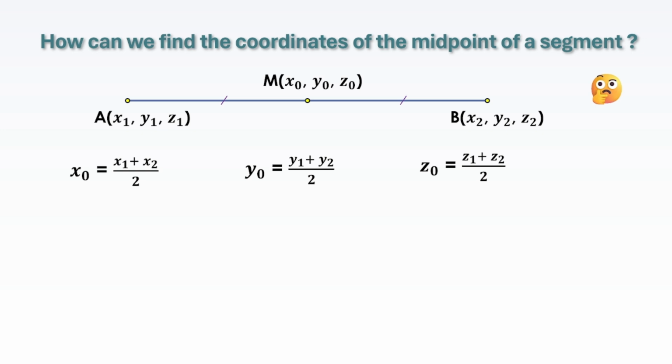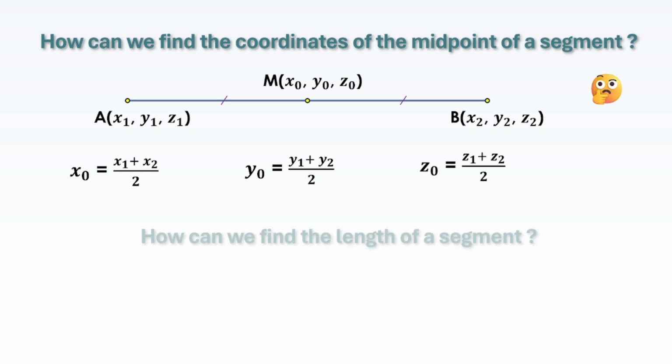If the ends of the segment have coordinates A(x1, y1, z1) and B(x2, y2, z2), then the coordinates of the midpoint M(x0, y0, z0) are found by the formulas: x0 equals (x1 plus x2) divided by 2, y0 equals (y1 plus y2) divided by 2, and z0 equals (z1 plus z2) divided by 2.